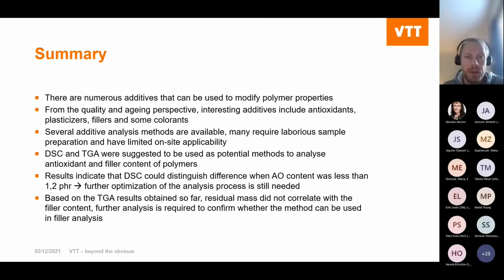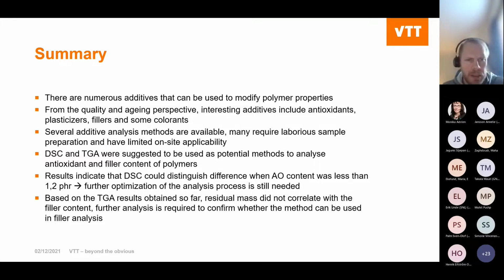Several additive analysis methods are available, but many of those are quite laborious, require sample preparation, and have limited on-site applicability. We have identified DSC and TGA from these methods as potential on-site analysis methods to analyze antioxidant and filler contents.